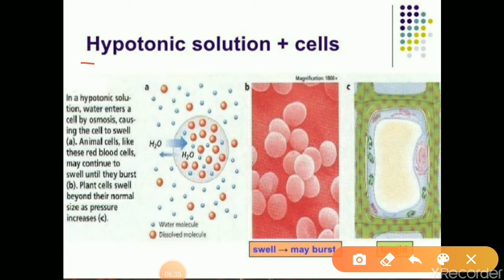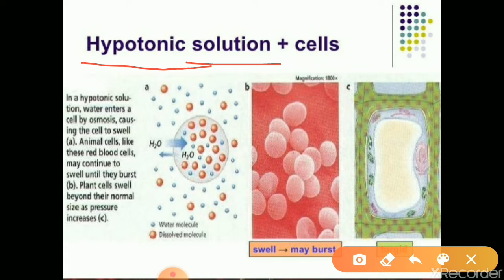Whereas when we place a plant cell in hypotonic solution, what will happen? The plant will swell by absorbing water to inside. That condition we call turgidity. How does the plant cell become turgid?